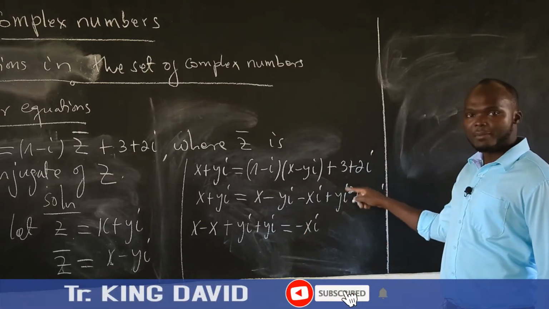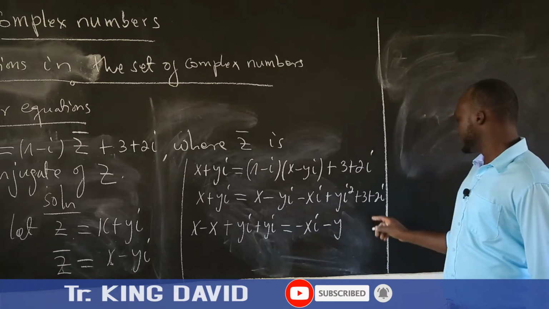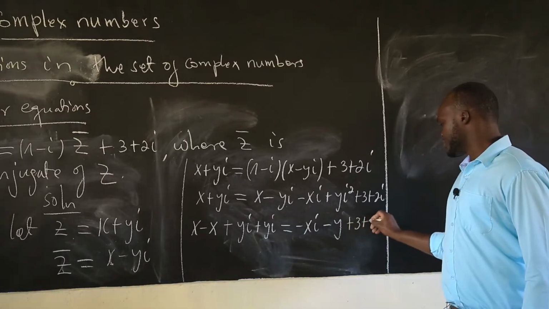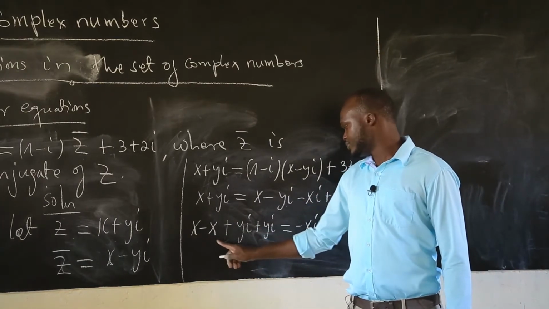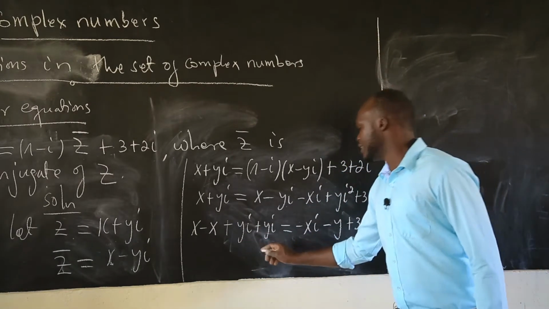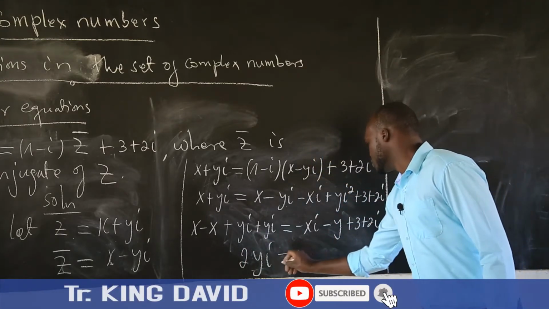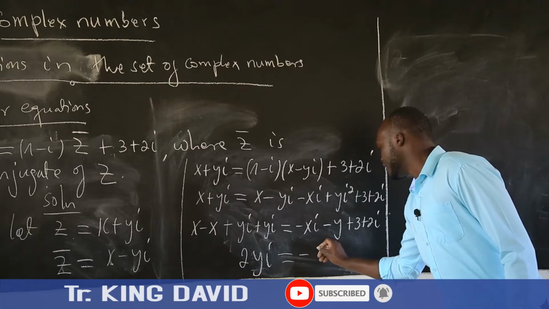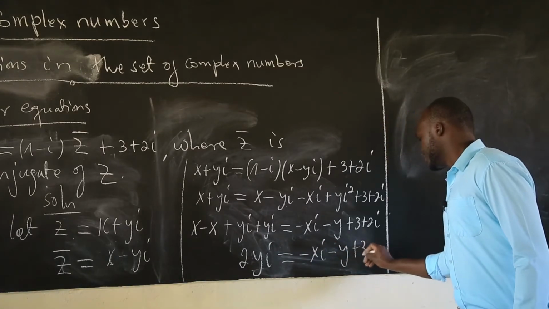So y squared, i squared is negative 1, this is negative y, plus 3 plus 2i. So then x minus x, that is 0. yi plus yi, that is 2yi, equal to negative xi minus y plus 3 plus 2i.